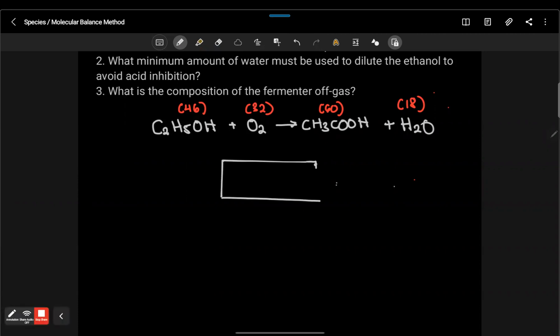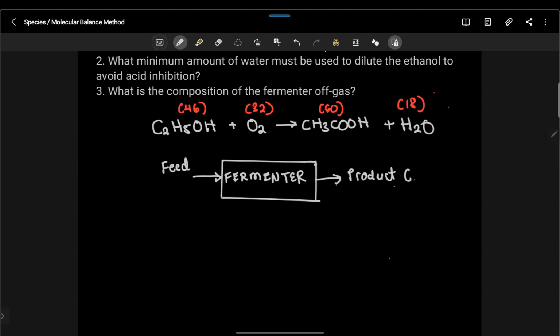Or reactor, basically. Okay, so we have here the feed. And then product. Sabihin natin P, yung product, and F naman yung ating feed.